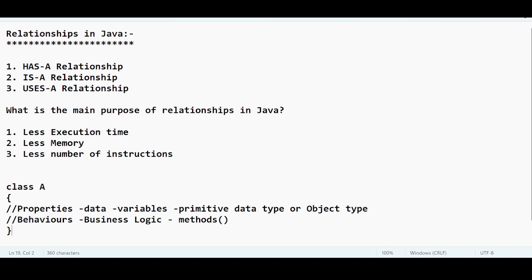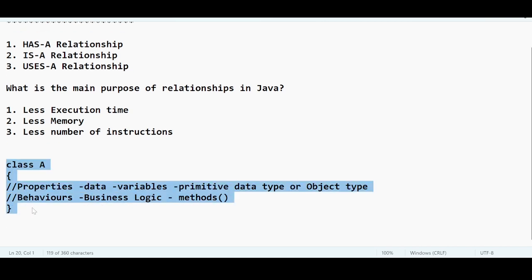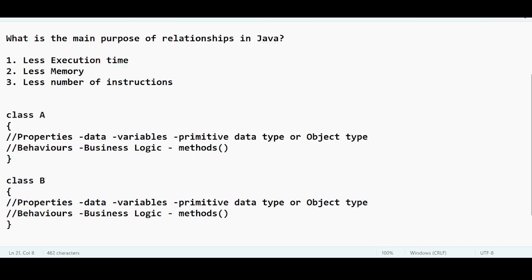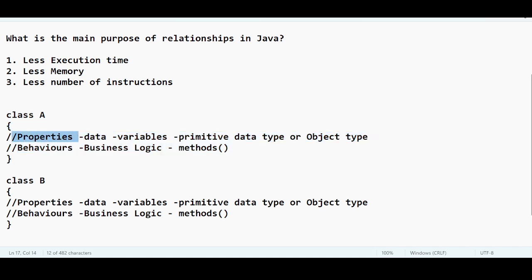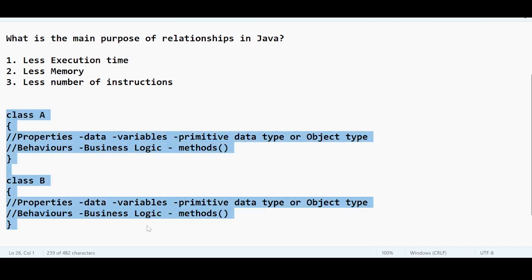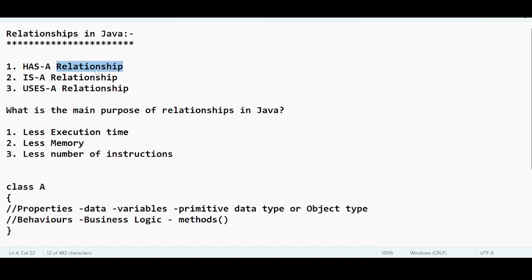Understand that? Okay, having said this, there is a class A, and there can be another class called B. These two classes are independent; they are declared independently. Class A has its own properties and behaviors, and class B has its own properties and behaviors. If I want to make a relationship between these two classes, I will use the relationship concepts in Java.